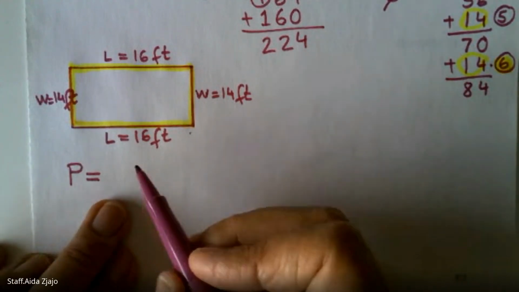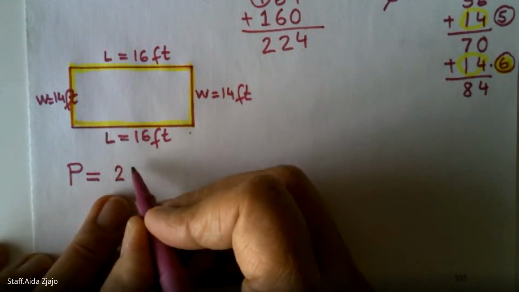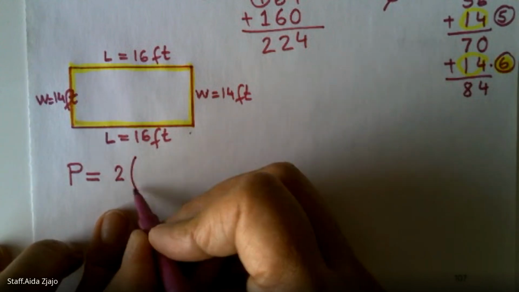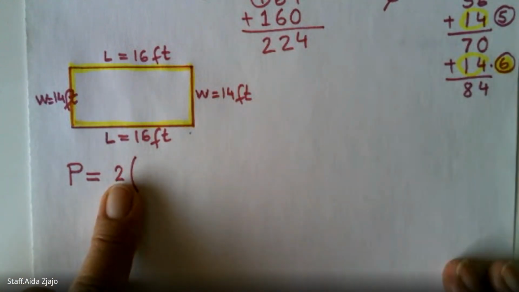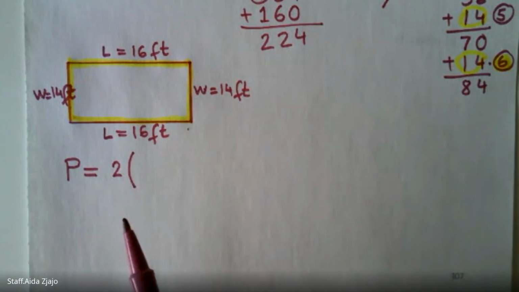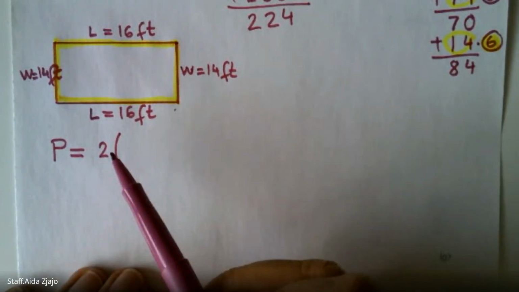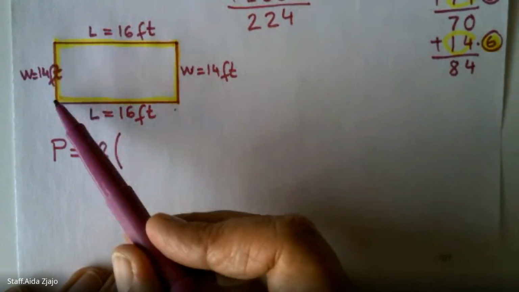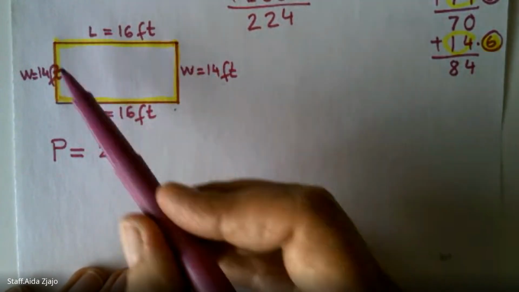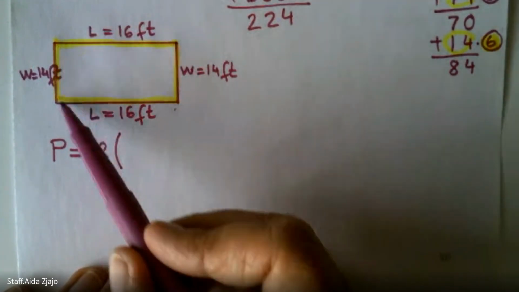We can say 2 times, and I'm not putting the multiplication here, but this is invisible multiplication, and 5th grade needs to know that. 2 times, I can add 14 plus 16, look, one time and then one more time. So this plus this.